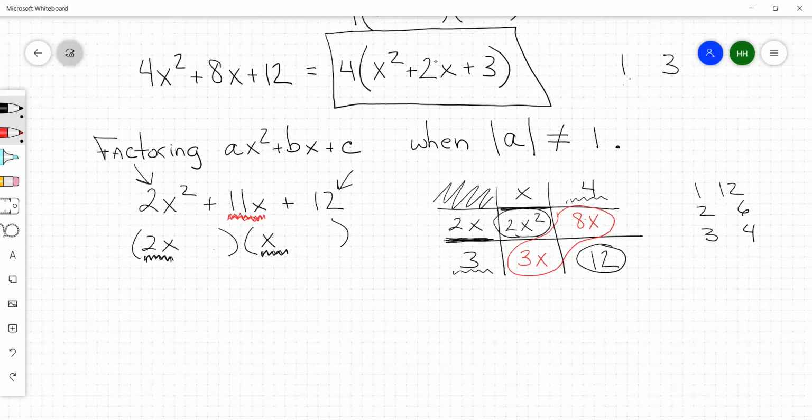So now, since everything is positive in the trinomial, all the factors are positive. So our factors become 2x plus 3 and x, this x and this 4 means x plus 4.